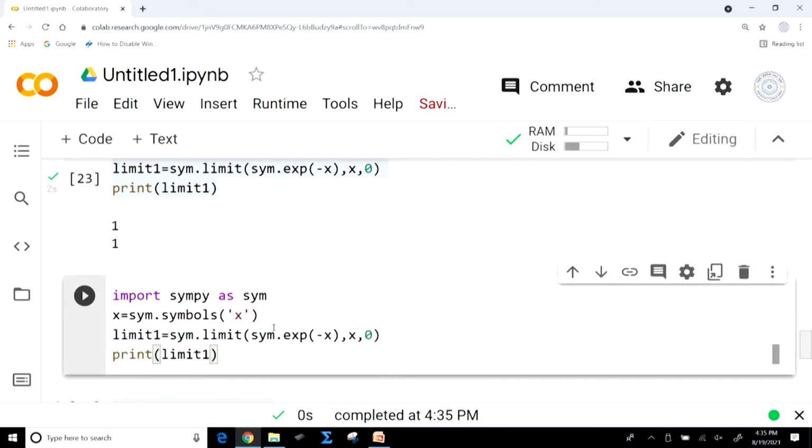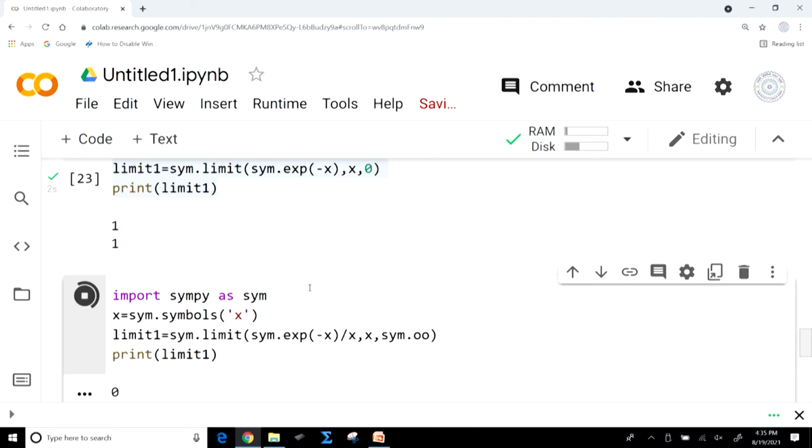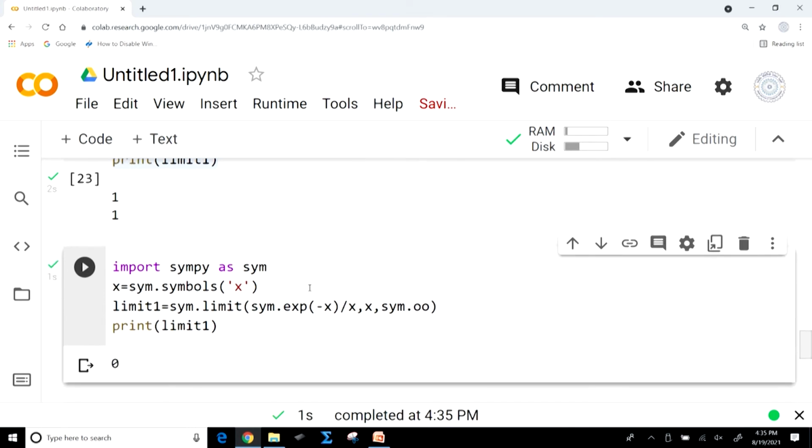of say e raised to power minus x upon x, for example, when x is tending to infinity. Infinity means simp dot double o, fine. So, when you run it, you will get 0. So, the limit when x tends to infinity of e raised to power minus x upon x is 0.